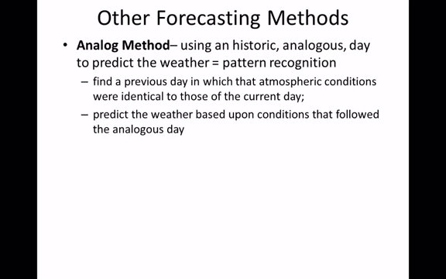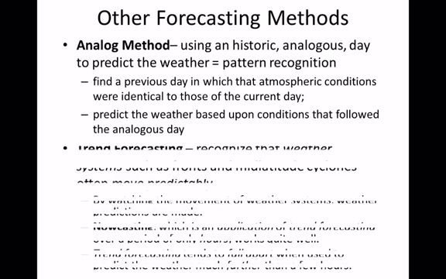So what you do is look in your archives for a day just like today. If 5 years ago the condition of the atmosphere was just like it is now, whatever happened the next day 5 years ago, we can forecast for tomorrow. That's it. That's the analog method.